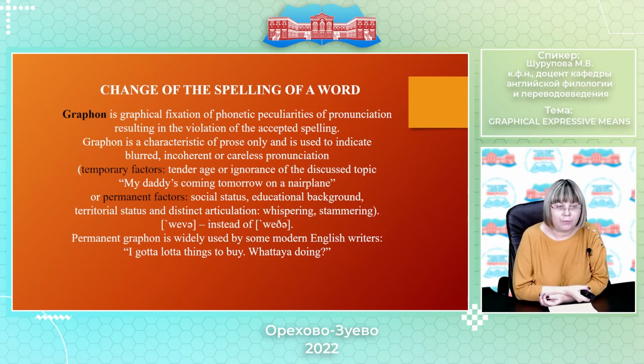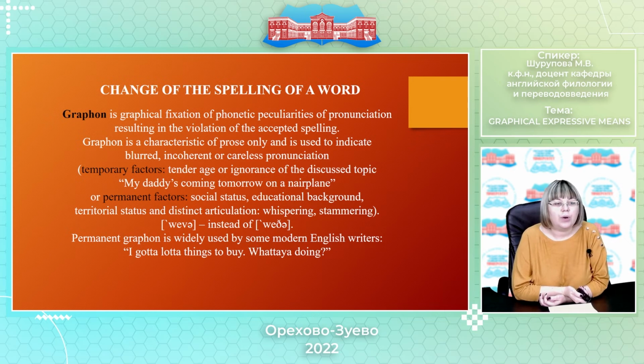Among the functions of graphons, we may indicate individualizing the character's speech, adding some vividness and memorability. The next one, conveying the author's attitude to the character he speaks about. And the last one, conveying the atmosphere of authentic live communication or of the informality of the speech act.